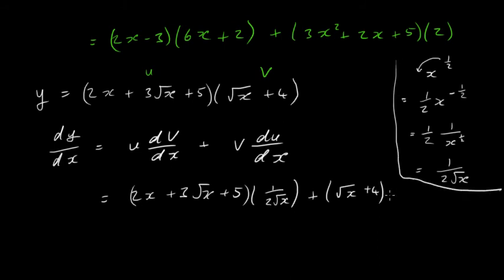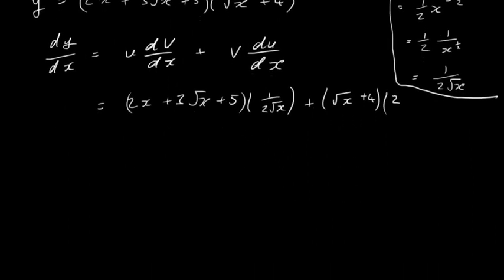I'll just come down here a little bit. We want to multiply that by du/dx, so we've got to differentiate all this here. If we differentiate 2x, we get 2. Now if we differentiate 3 root x, I'll just do it down here. We'll pick a different color. So we have 3 root x.